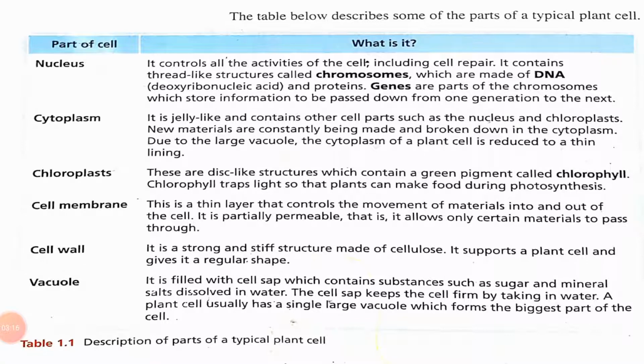In the same way, the nucleus is responsible for controlling all the activities which take place in the cell. It has the DNA, in which genes are present, and genes are parts of chromosomes which store information to be passed down from one generation to the next. All the information passed on to the offspring, just like your eye color resembles your mother's eye color.